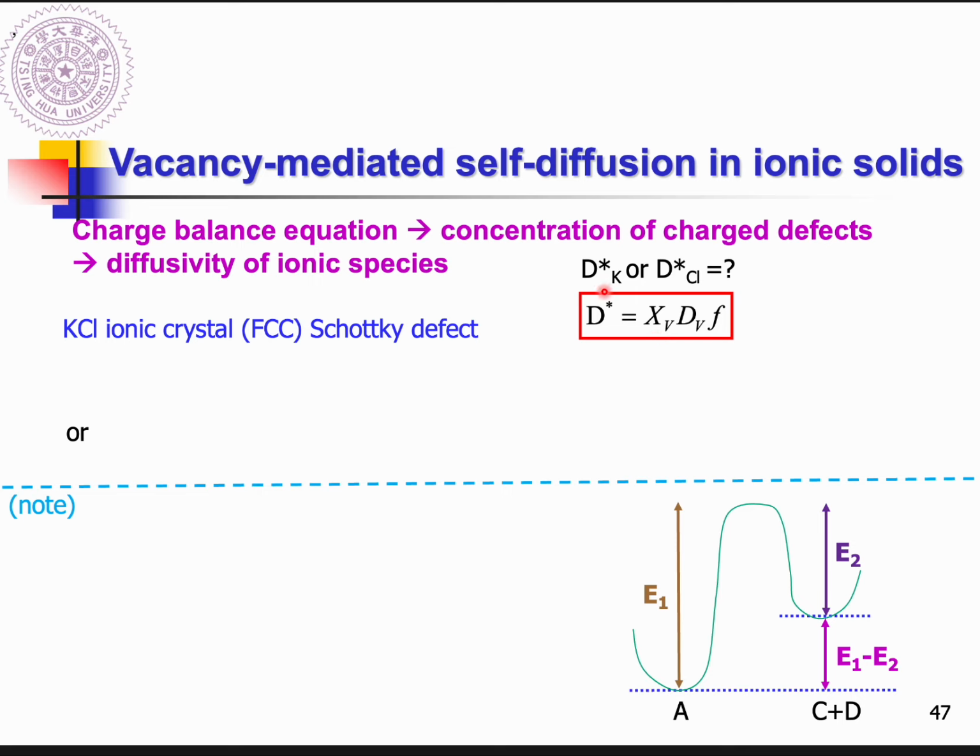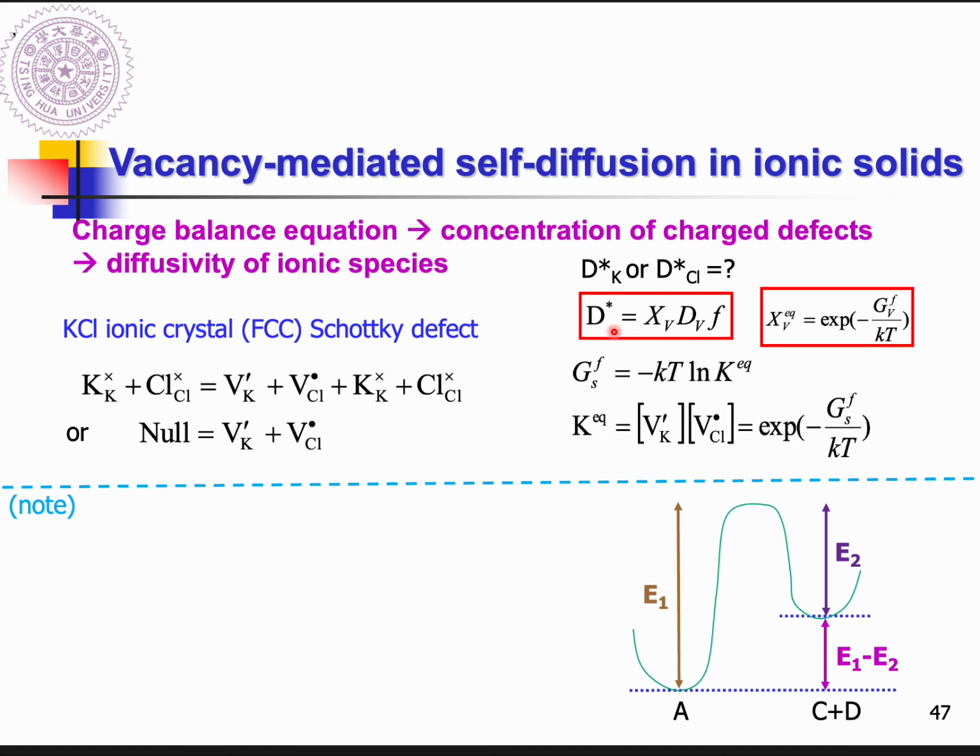Because V_K and V_Cl will affect the diffusivities D_K and D_Cl. And this is just a quick review: the vacancy fraction equals exponential of negative vacancy formation energy divided by kT. This is a quick review of the first sections.